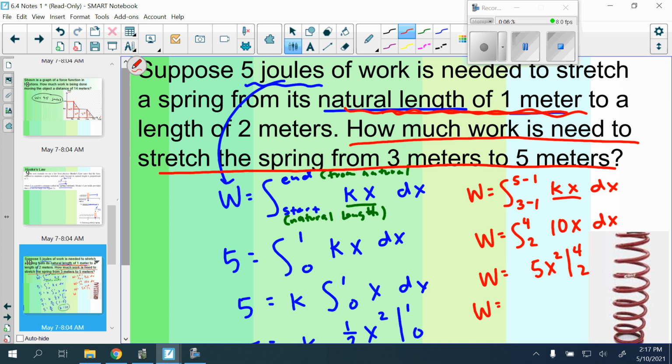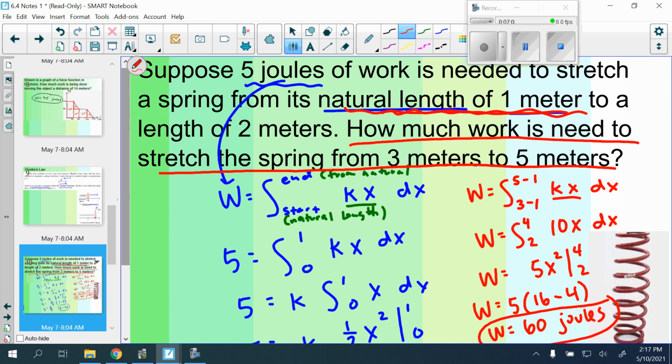Now, to find the amount of work, plug in 4 and plug in 2 and see what you get. 4 squared is 16. 2 squared is 4. So we got 5 times 12 here, which would be 60 joules, the amount of work needed to stretch that spring from 3 to 5 meters.